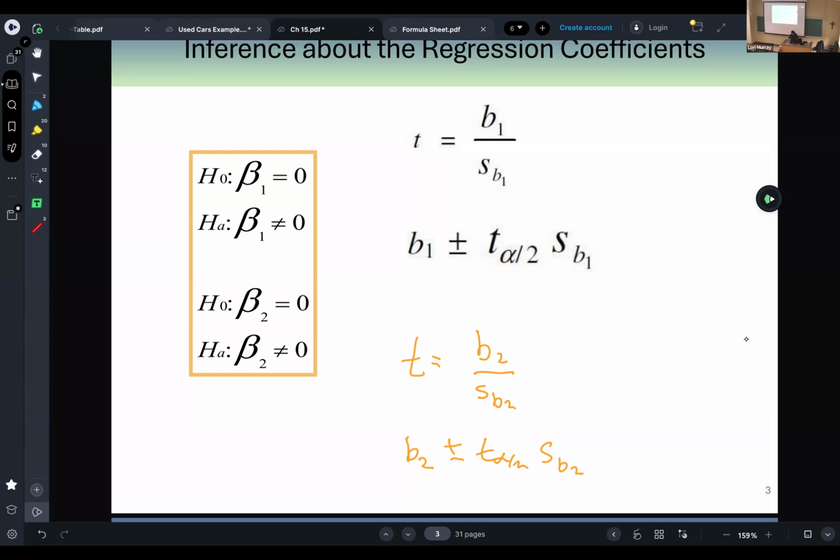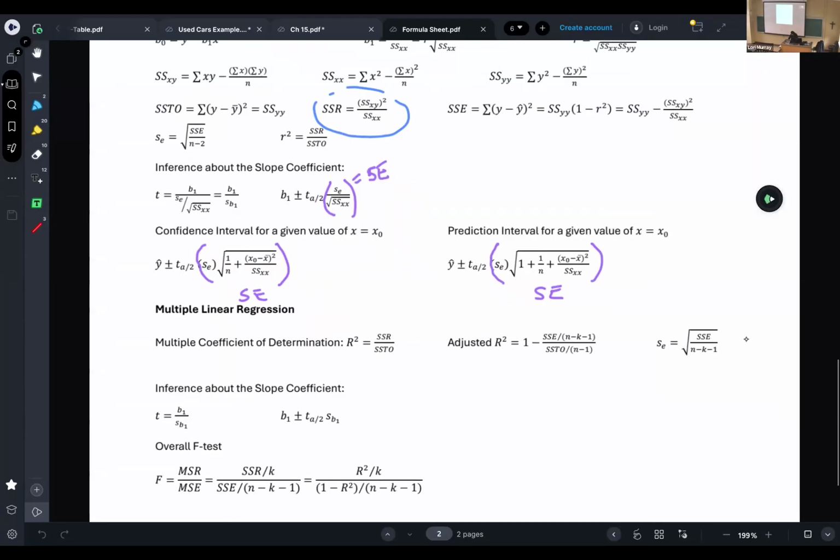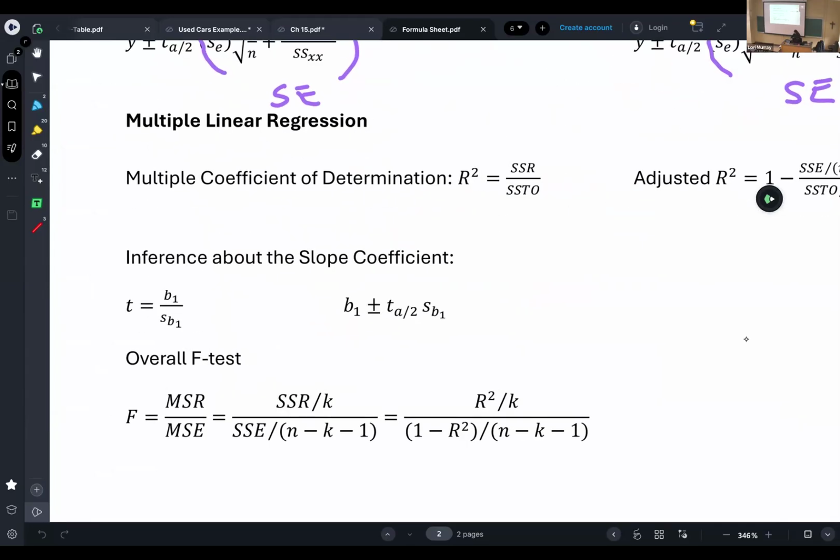Okay. Let me just go to the formula sheet and make sure it does say that. No, it just says 1. But here is where it would be. Right there, it says 1, but you could use 2, 3, or 4. It could be any slope.